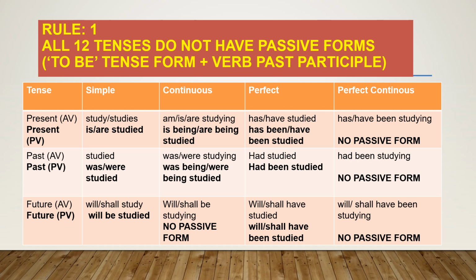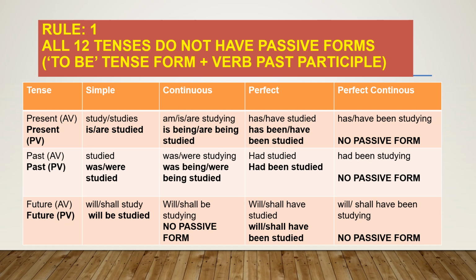Now let us look at the first change. That is, the 12 tenses which are there in the English active verb do not have passive forms for all of them. The rule for formation of the passive is that to be has to be used in the tense form, and the main verb has to be used in the past participle form.